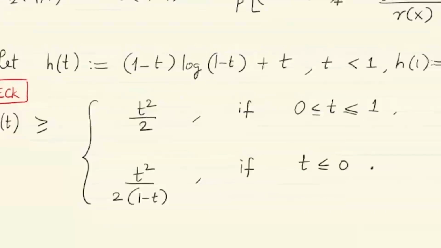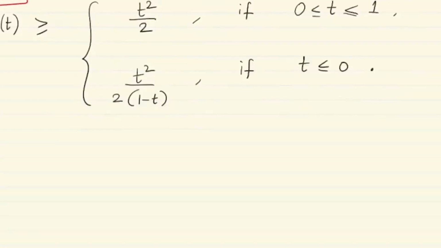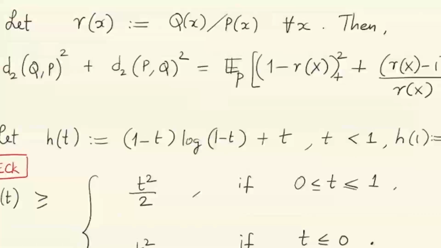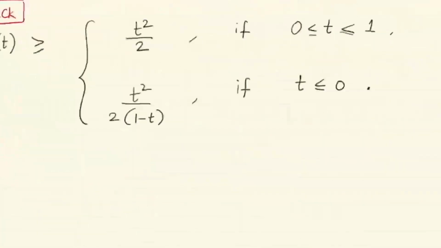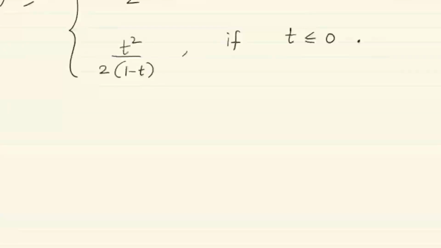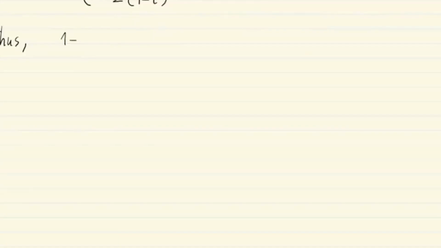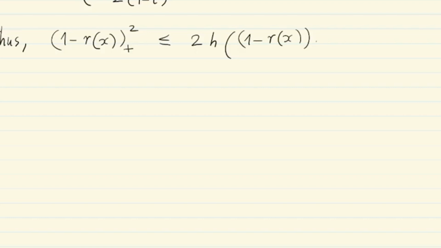By the way, h is also the same function that was used in the manipulations to derive the Bennett and Bernstein inequalities. So moving on, with these lower bounds for h, we can use them to bound each of these terms in the right hand side of the d2(q,p) squared plus d2(p,q) squared expression. Thus we can write that for any x, (1 minus r(x))_+ squared is at most 2 times h of (1 minus r(x))_+.